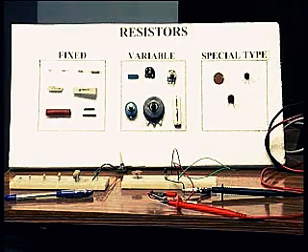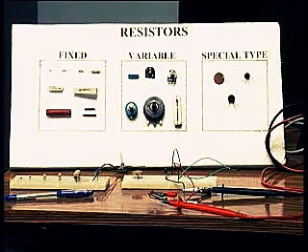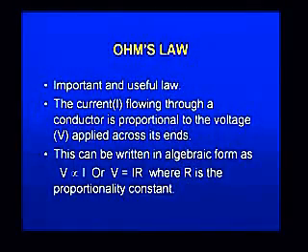Now we will go on to a very important law which relates the resistance. For example, the voltage, current and resistance are related by a law which is called Ohm's law. This is a very, very important fundamental law, most of you might already know, and what Ohm's law states is that the voltage I apply across a conductor, the current produced due to the voltage will be proportional to the voltage applied.